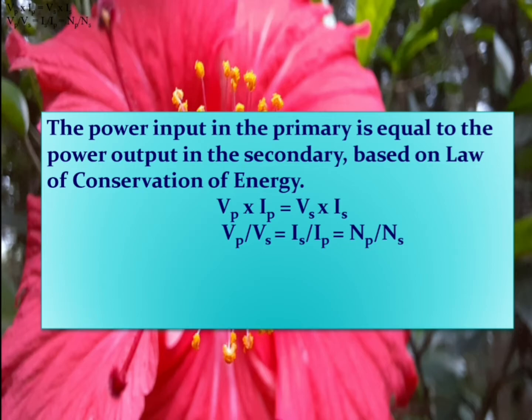That means Vp into Ip will be equal to Vs into Is, where Vp is the voltage across primary coil, Ip is the current across primary coil, Vs is the voltage across secondary coil, and Is is the current across the secondary coil. Now the power input will always be equal to power output based on the law of conservation of energy.